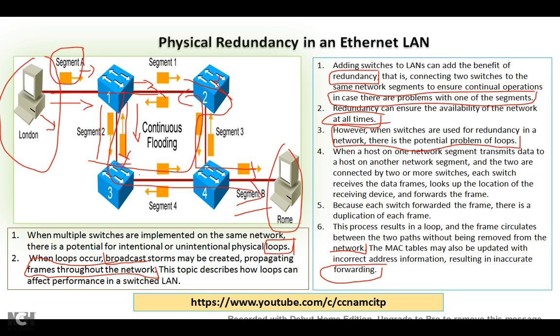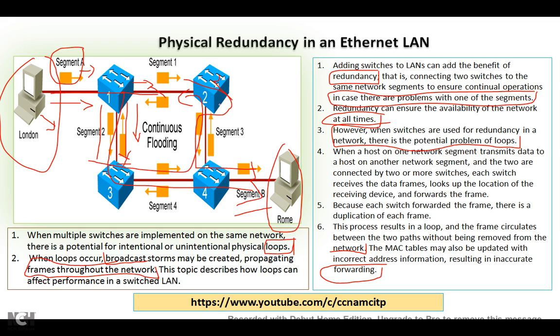Now after some time, switch 4 has received the data from switch 3 also. So what is happening here? The same data is going to be forwarded to switch 2 and segment B, the Rome PC. The same data is circulating throughout this circle. First it came from here and was forwarded to 3. Now 3 has sent the data to 4, and this 4 is forwarding the same data to switch 2.